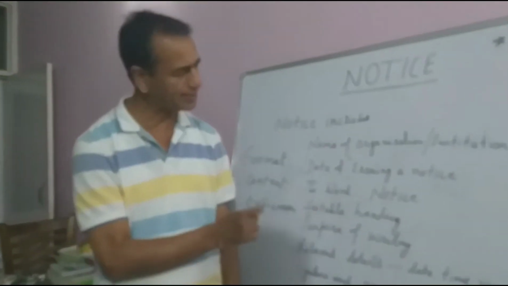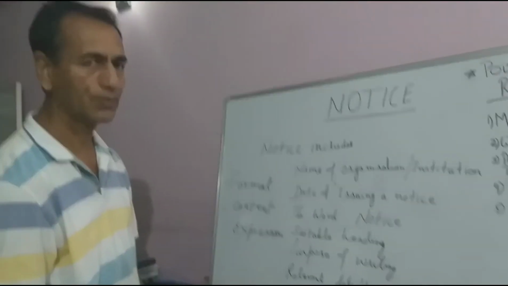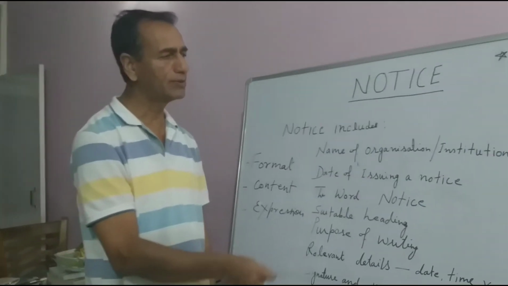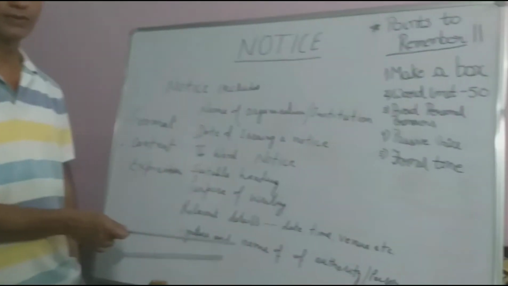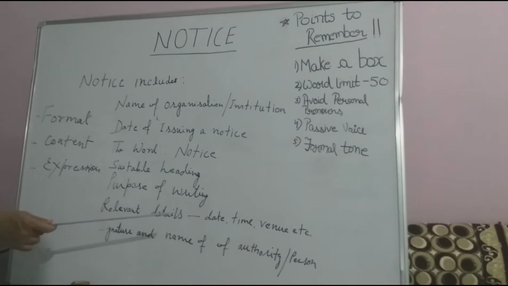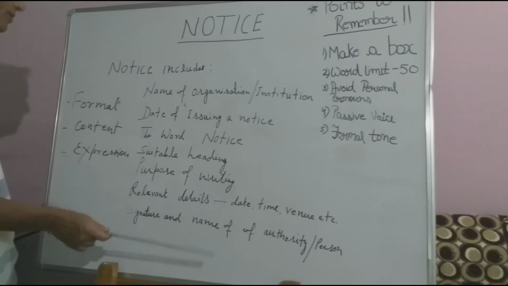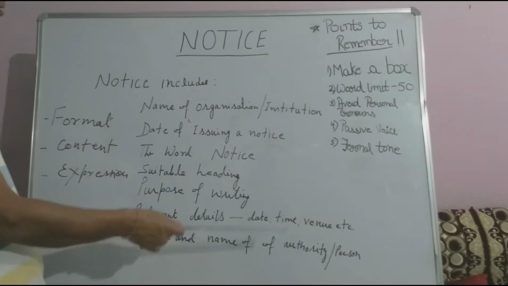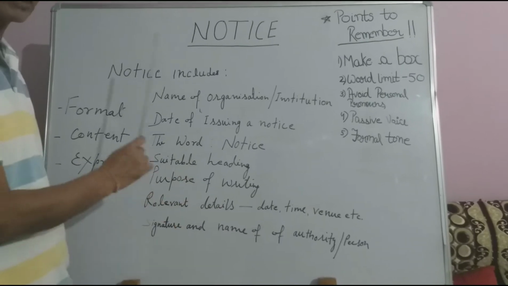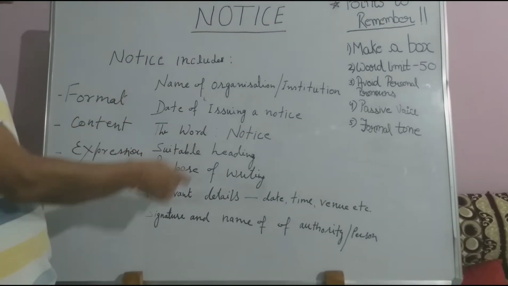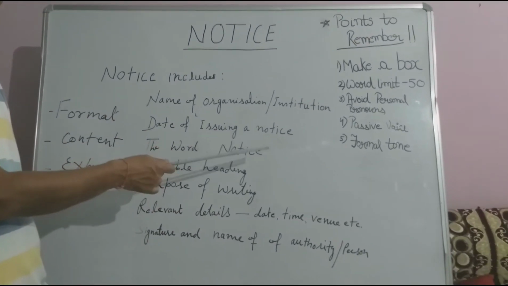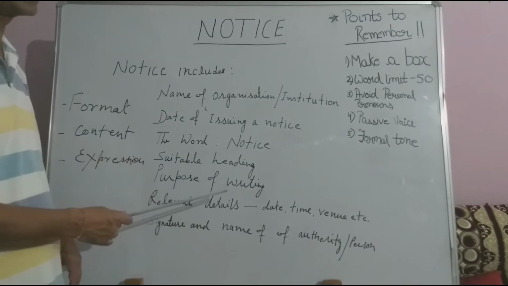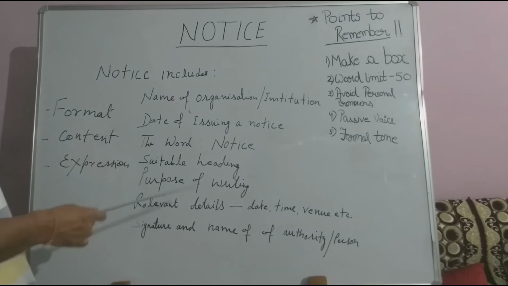So in this way, these things you have to remember while writing a notice. And if you keep in mind all these steps, you will be able to write a very good notice. Okay? Now I'll tell you that if you write a notice, what should be the format of a notice. So watch this. I'm going to tell you in the next step what should be the format of a notice writing. Then I will give you a question to solve.